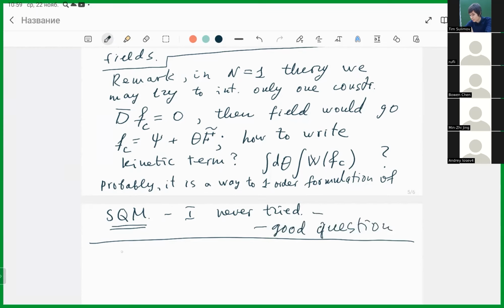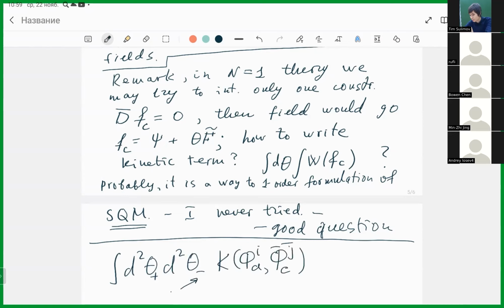So I would like to conclude with the following, that if we write this term in the action, it's called D term. We will get a theory where bosonic fields start with d2K over d phi I, d phi bar J bar, dt x I, dt x J bar, plus other terms.